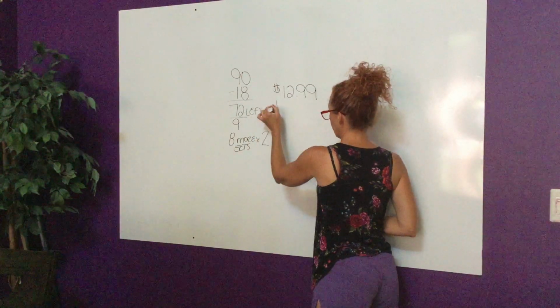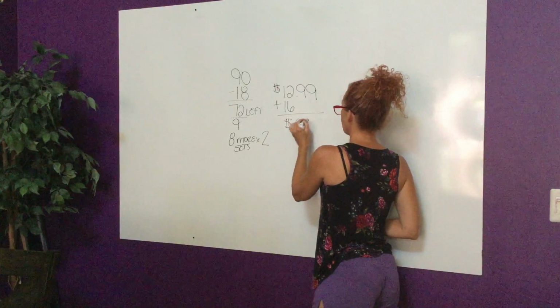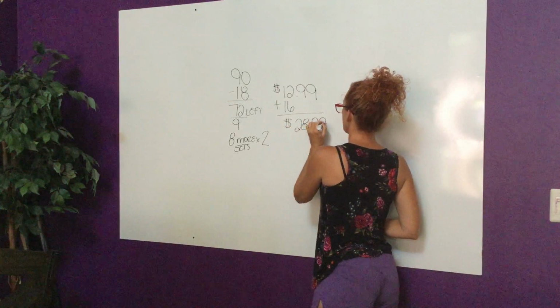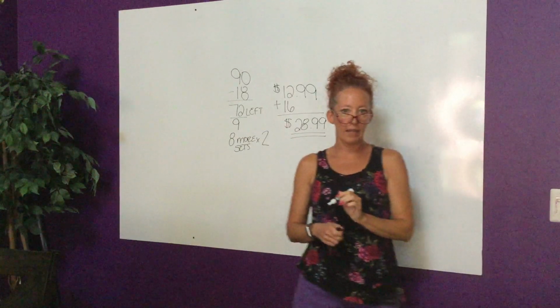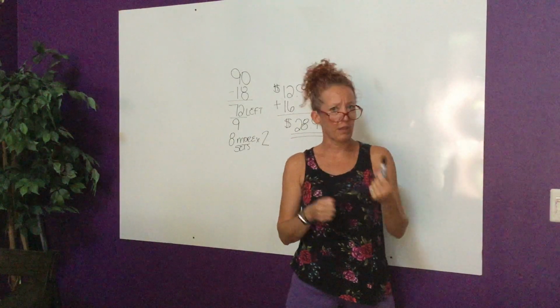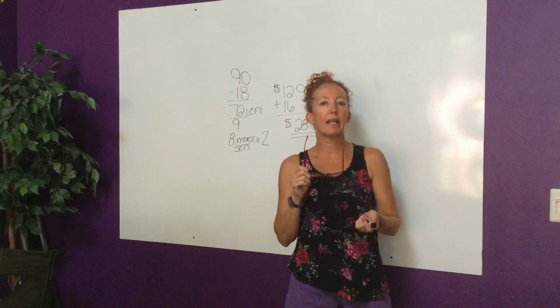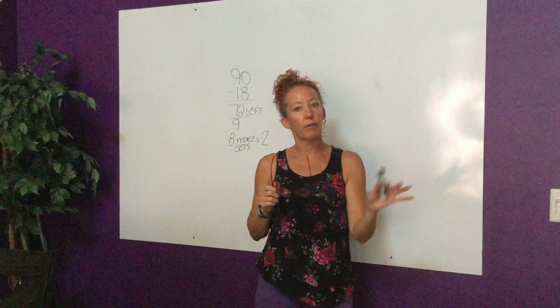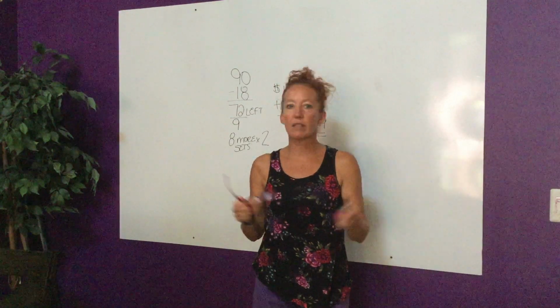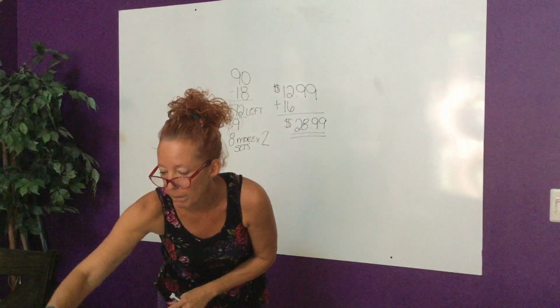So 8 times 2 is 16. So the answer to this is $28.99. You can probably think through that a little bit differently and still come up with $28.99. Since I'm not making you write out the equation, it's however you want to think of it. Okay, so you just do whatever works.